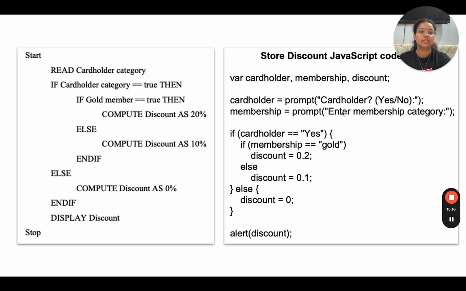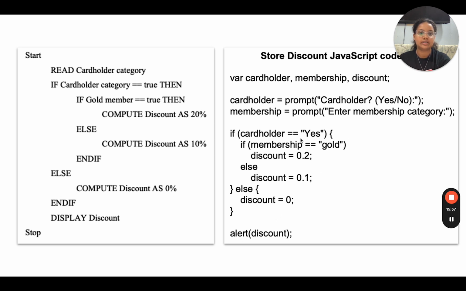Now, first thing's going to happen is, let's say you put in no. Then, notice how this if statement starts with yes. But because the user put in no, it's just going to skip this whole if statement and go straight to else. Now, else discount is equal to 0, alert discount.